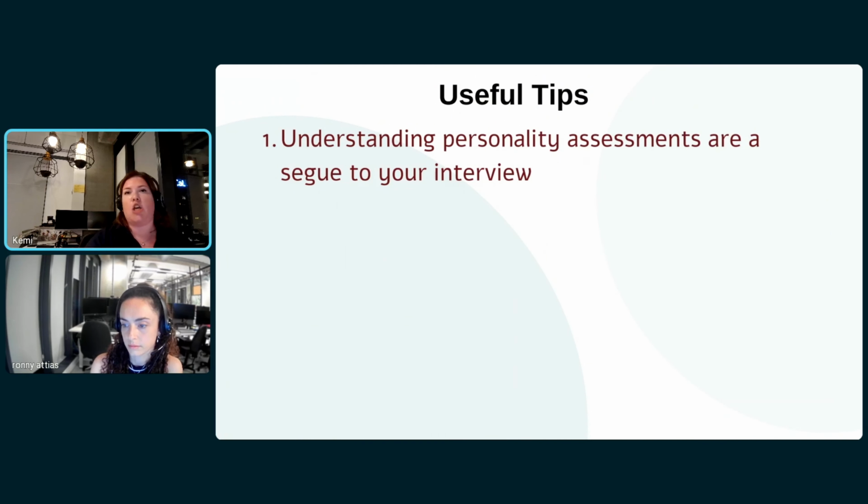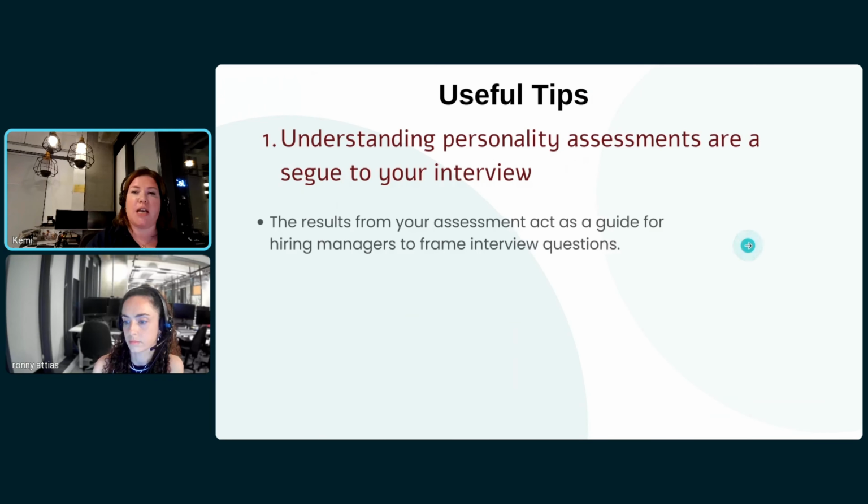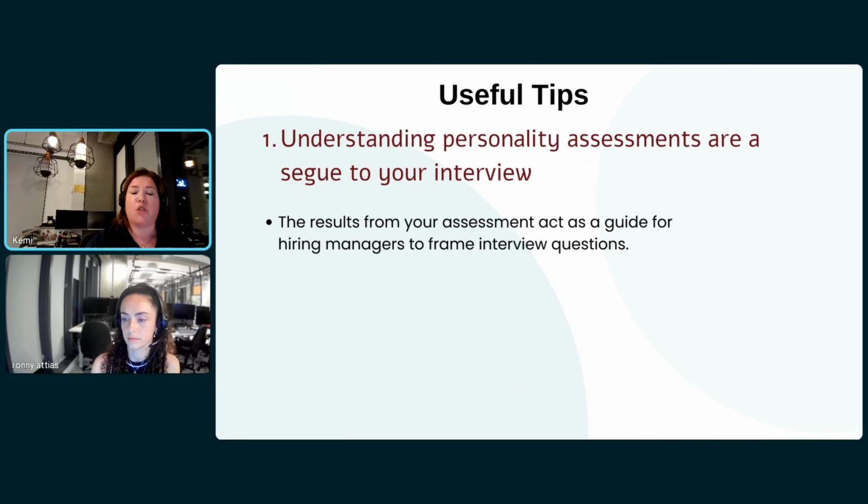It is used to weed out extremes in personality, that is true. But for the most part, it is used in the interview to guide interviewers to frame interview questions. By the scores that you achieve in the personality assessment, they can then tailor what they want to get more information from you.